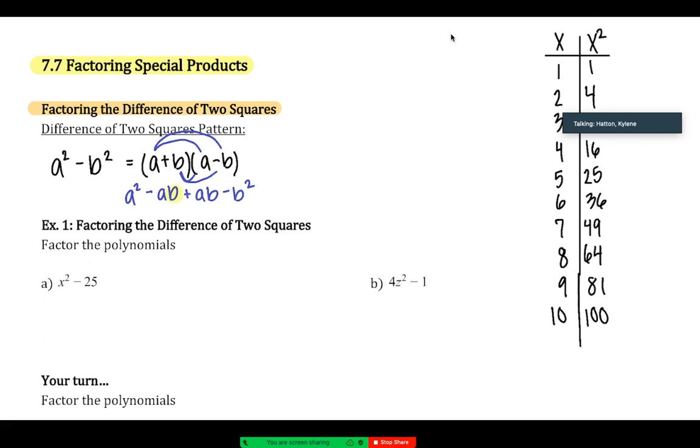So this negative ab and positive ab, since they're the same number but opposite signs, they cancel each other out. That'll always happen when you have something that factors into the pattern a plus b times a minus b. You'll end up with the same two numbers in the middle when you foil it and check, but those numbers cancel each other out. And then we're just left with a squared minus b squared.